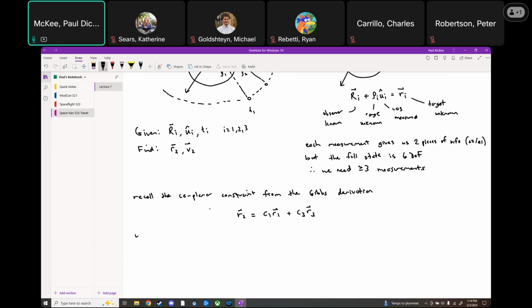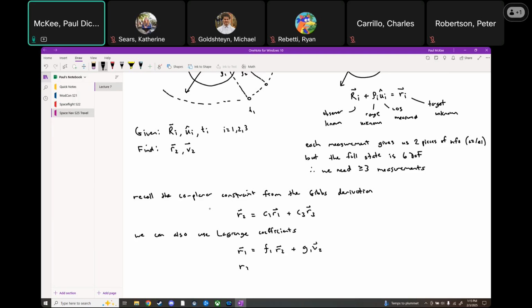We can also use the Lagrange coefficients from the Lambert's problem lecture. So r1 could be expressed as some linear combination of r2 and v2.